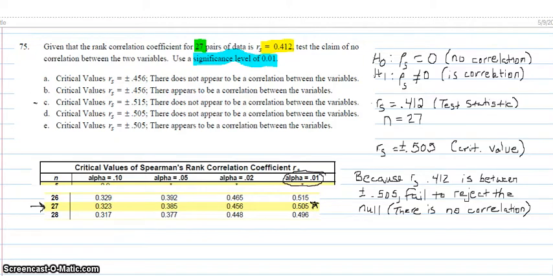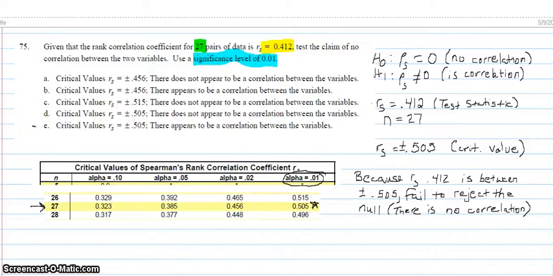It cannot be answer C because we said the critical value is plus or minus 0.505 and answer C is saying it's 0.515. And let's see, answer D, critical value equals plus or minus 0.505. Yes, we agreed on that. There does not appear to be a correlation between the variables. We said there is no correlation. So it appears as if that one is correct.